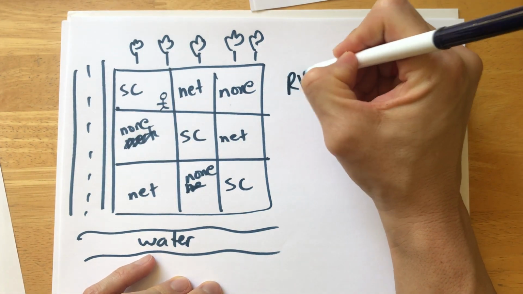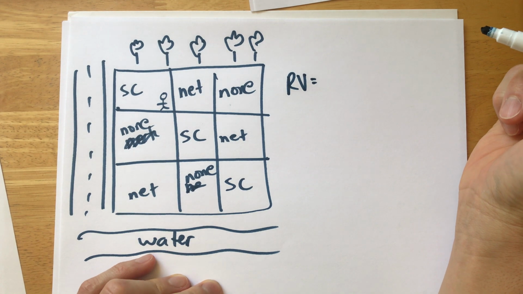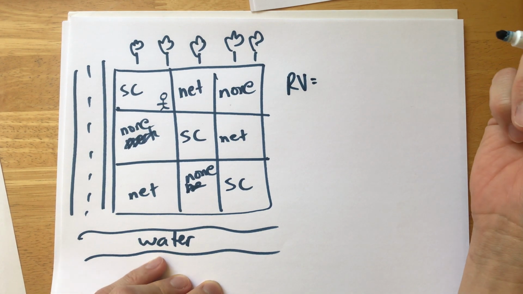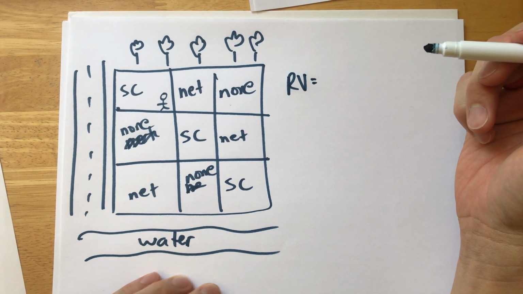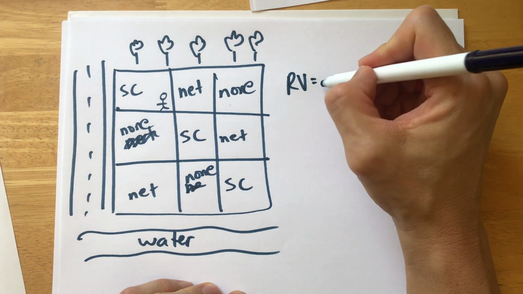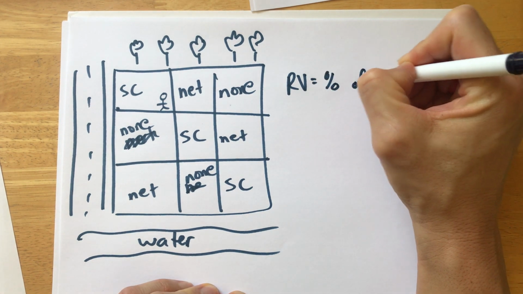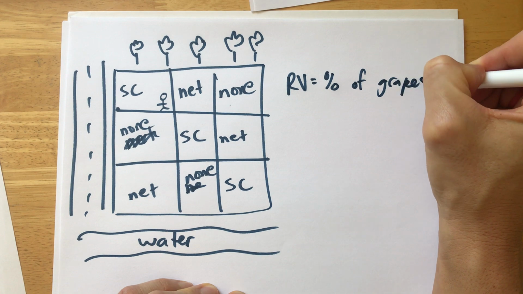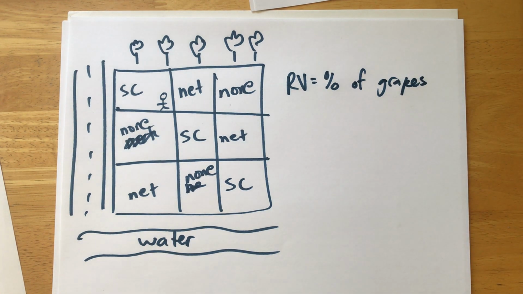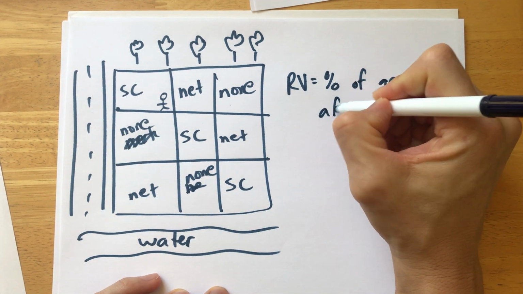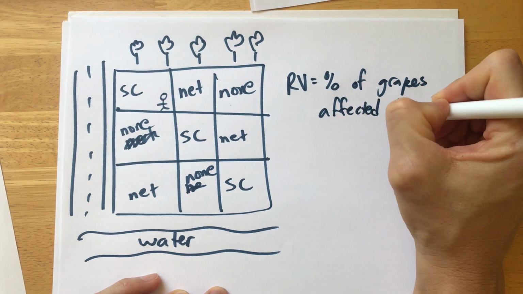So they also ask you, what is your response variable here? Since we're looking at the effect on the grapes, we can say this is the percentage of grapes eaten or stolen or destroyed, grapes affected by the birds.